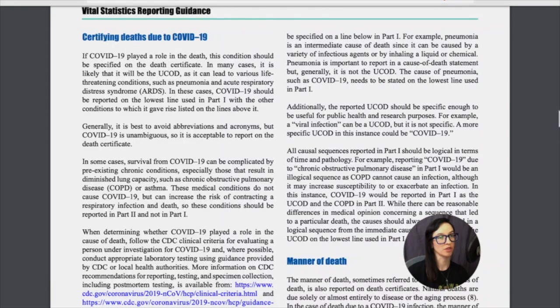Certifying deaths due to COVID-19. If COVID-19 played a role in the death, this condition should be specified on the death certificate. In many cases, it is likely that it will be the underlying cause of death, as it can lead to various life-threatening conditions, such as pneumonia and acute respiratory distress syndrome. In these cases, COVID-19 should be reported on the lowest line used in Part 1, with the other conditions to which it gave rise listed on the lines above it.